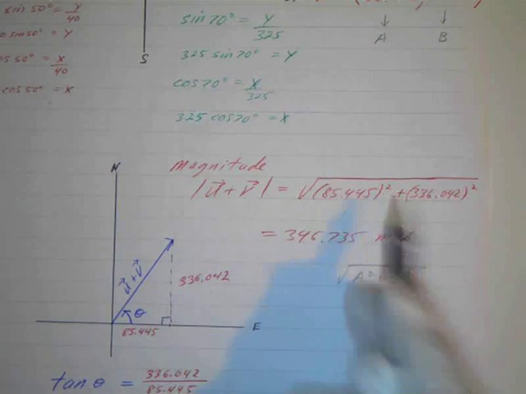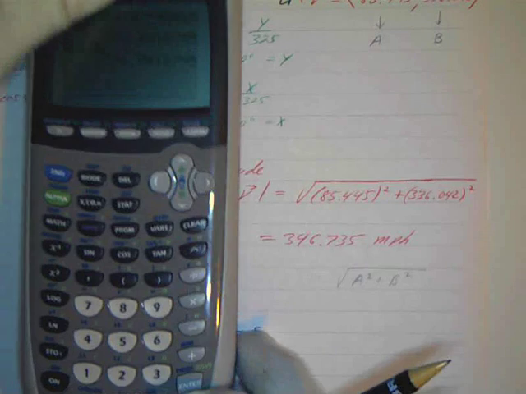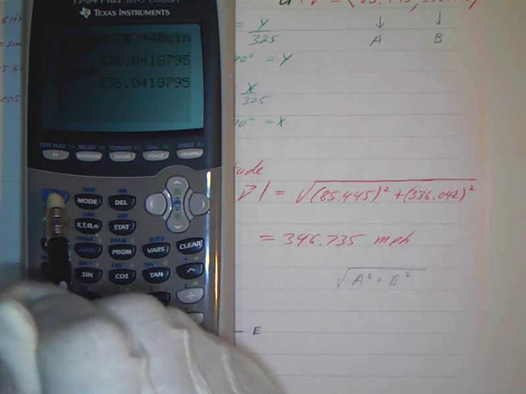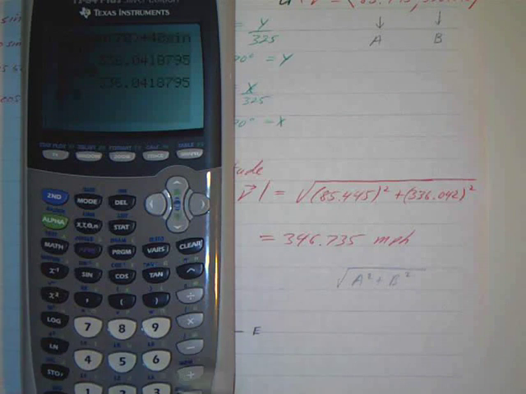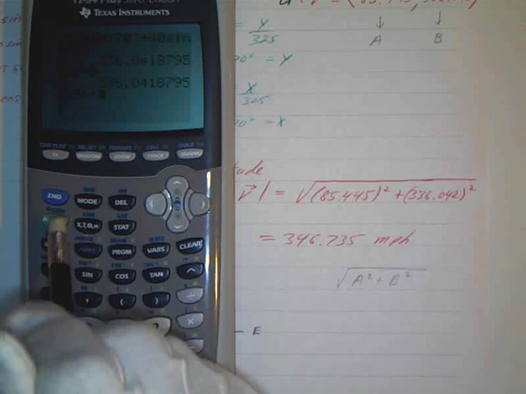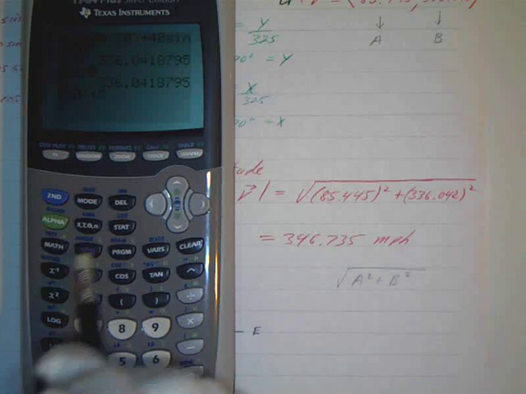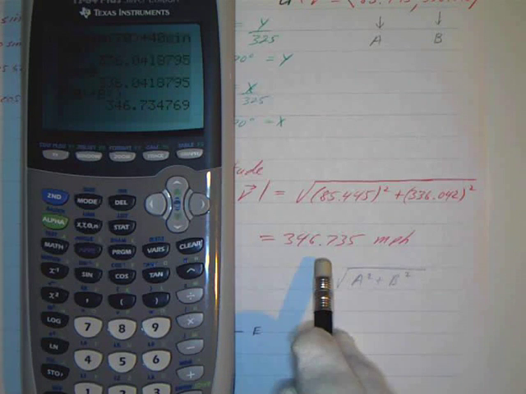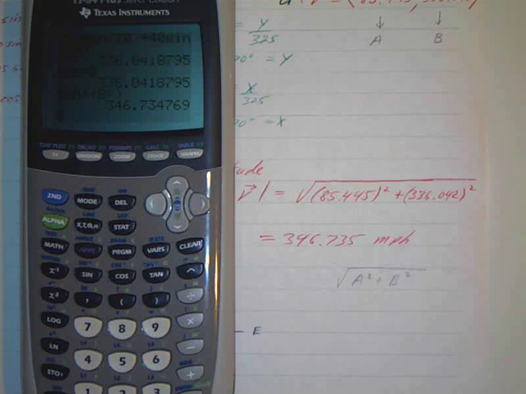This is going to be a squared plus b squared, so we can just get our calculator out again, and we can go square root, and we could put alpha A squared plus alpha B squared and we get 346.735, and that's your new actual speed.